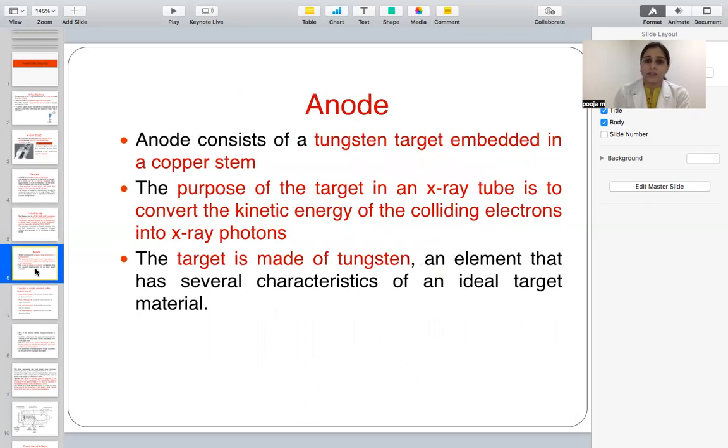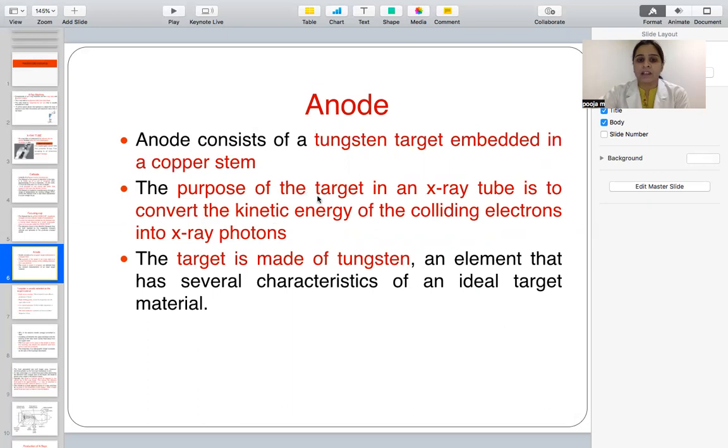Next, coming to the anode. The anode consists of a tungsten target embedded in a copper stem. When electrons are produced within the cathode, they are directed towards the anode through the focusing cup, and these electrons hit this target.